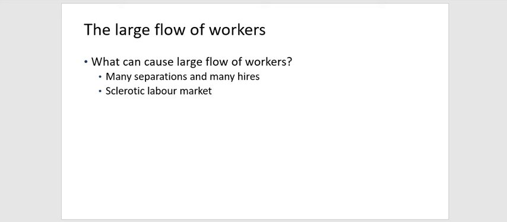To understand the flow of workers, let's use the unemployment rate and what it implies for individuals. Take an airport full of passengers, for instance. This airport can be crowded because many planes are coming and going, and many passengers are quickly moving in and out.